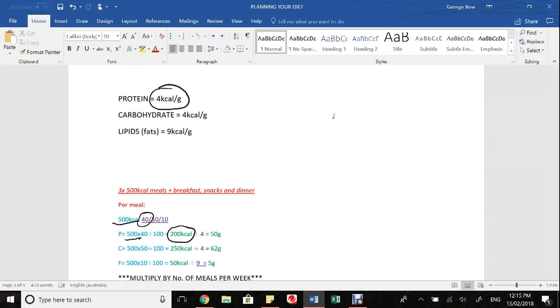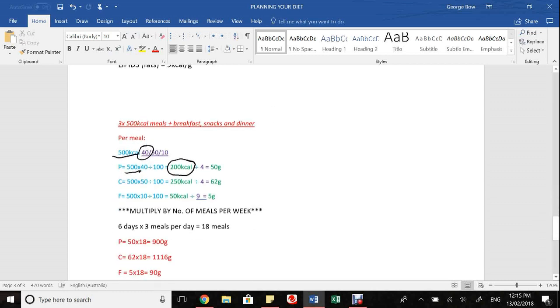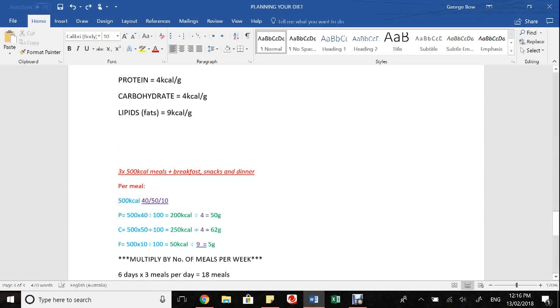So now to get the gram value, I have to divide that amount of calories, so 200 calories, by our value for our macronutrients per gram. As you can see, protein is 4 kilocalories per gram. So to get my grams per meal, I need to divide 200 kilocalories by 4.